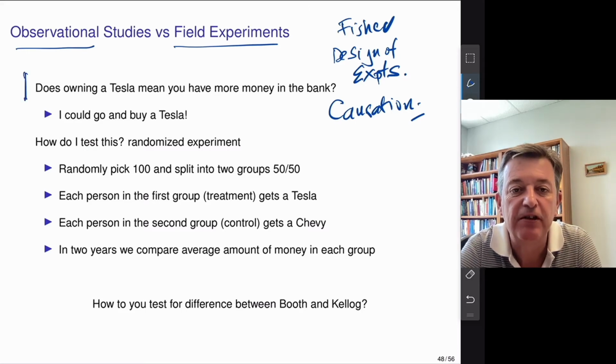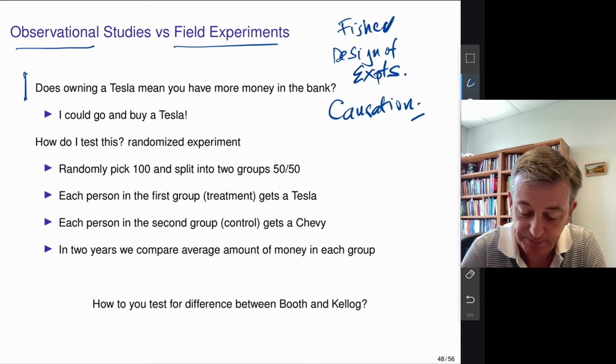So here's an interesting question. Does owning a Tesla mean you have more money in the bank, or does the fact you have more money in the bank mean that you buy a Tesla? One approach, rather than just an observational study, just looking at the correlation of money in the bank and people owning Teslas, you wouldn't be able to pass out the true effect.